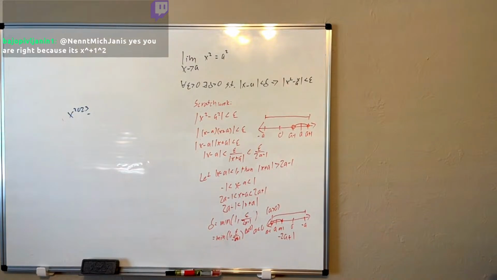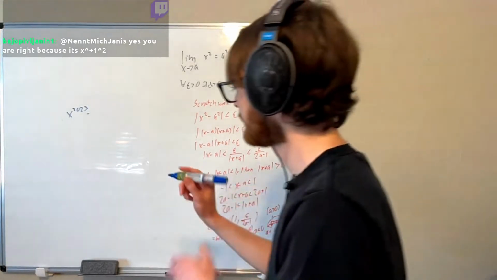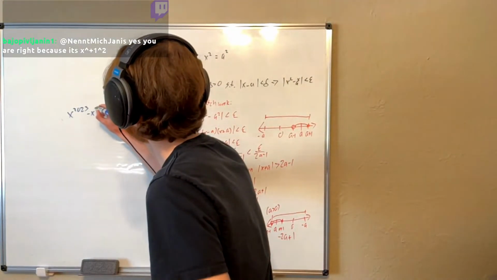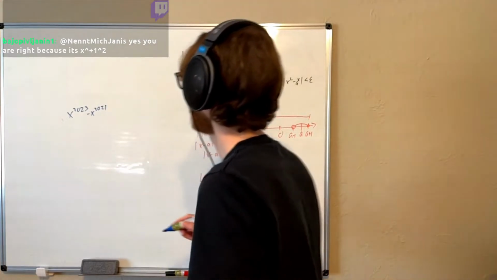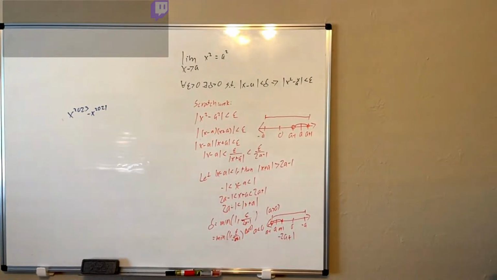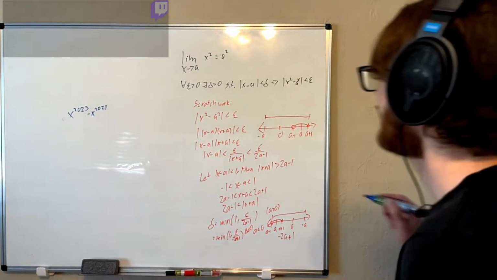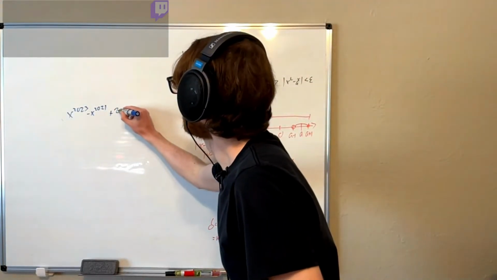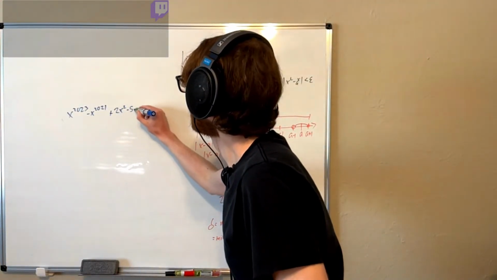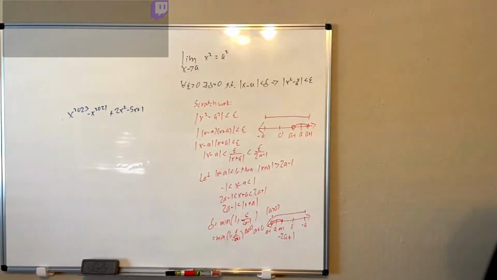Okay, sorry, you're right. We do want to factor this. To the 2021, plus 2x squared minus 5x, plus 1. Okay. Oh wait, minus 1.